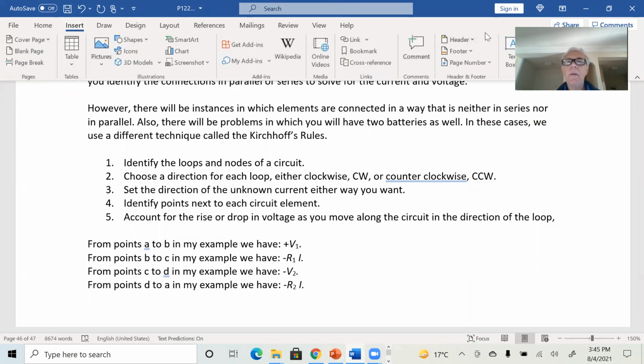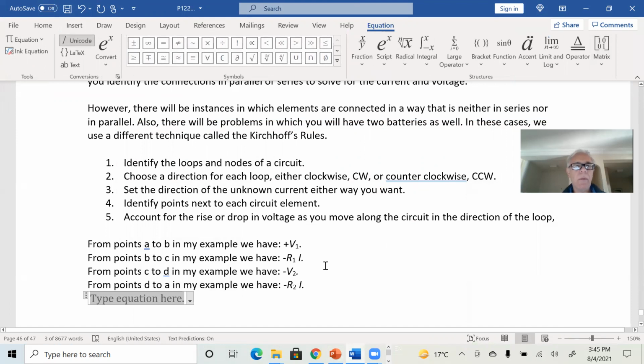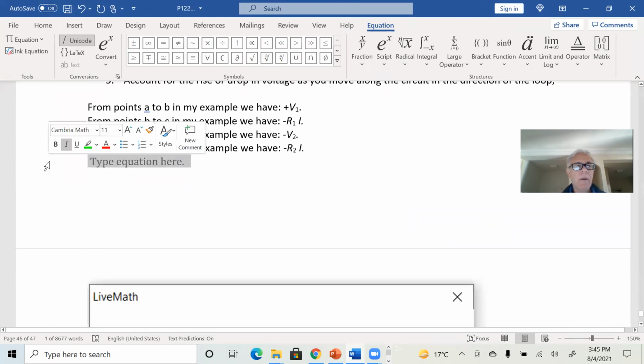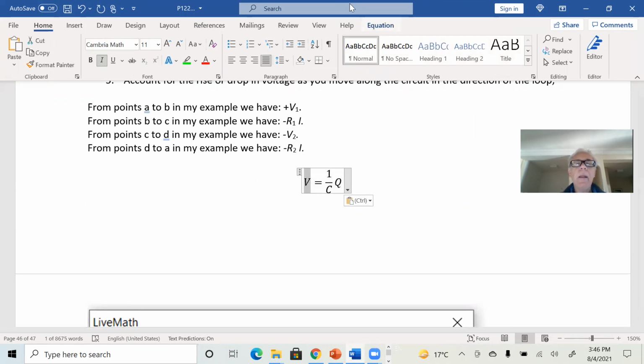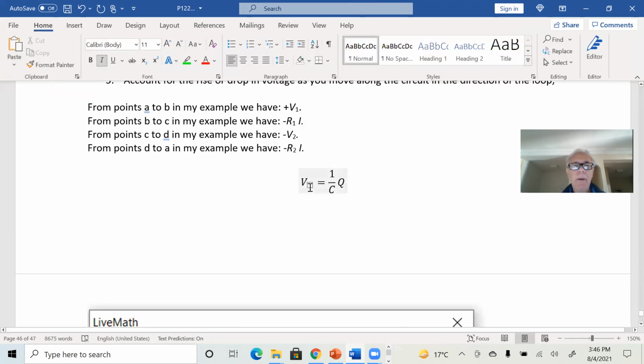Let's insert an equation. Let's copy this one here, make it simpler. We're going to have plus V1. We do all of that whether it's for a resistor or for a capacitor. This type of procedure works both for a resistor and a capacitor.